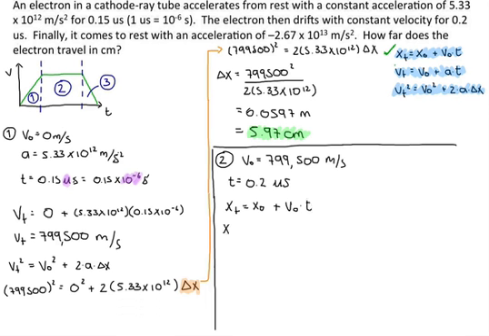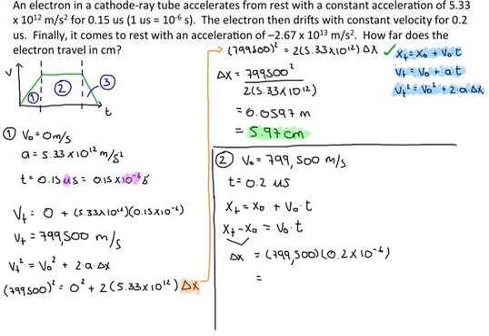You can take this final minus initial, and you will recognize that this part here is the change in position, which is what we're trying to find, is equal to the initial velocity, which is 799,500, times the time in seconds. Recall to use this in seconds, or else you'll get a very different number.